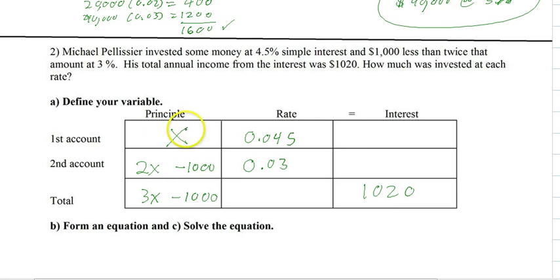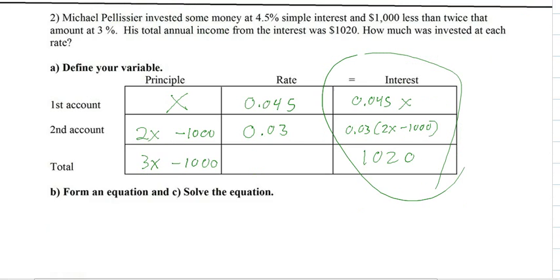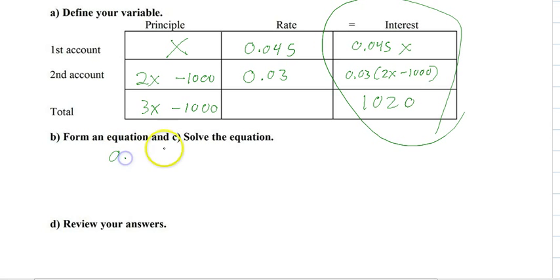Alright, so now we multiply using our formula. And there is our equation. So 0.045x plus 0.03 times 2x minus 1,000 equals 1,020.